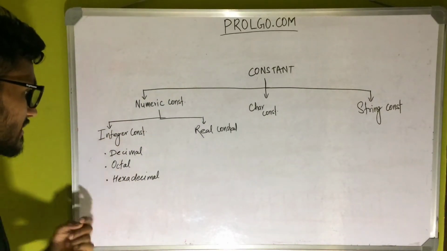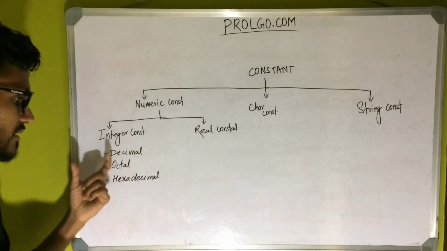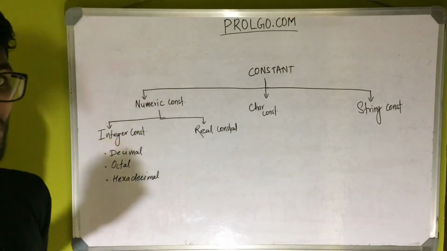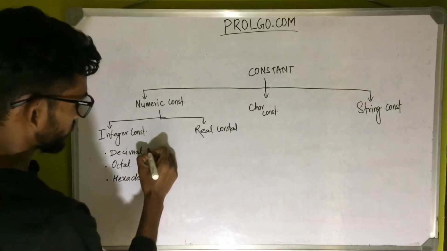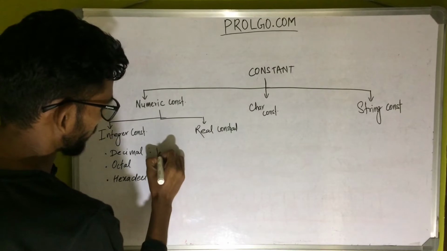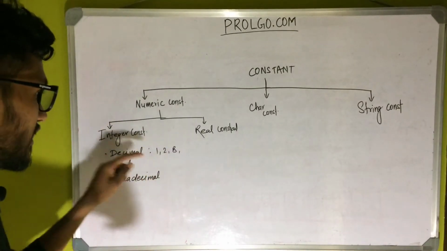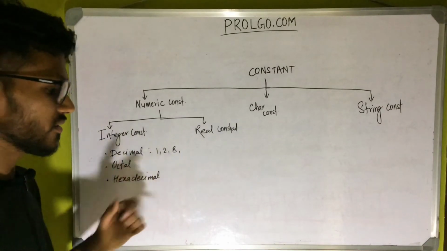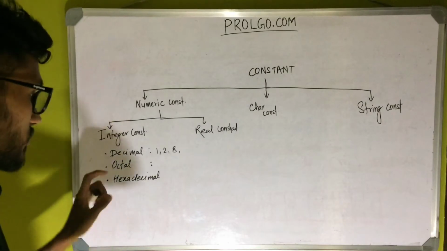So we will first see integer constant. The decimal constant is the normal number which we use, like 1, 2, 3, 4, 5, or 1, 2, 8. These are decimal constants, and then comes octal.